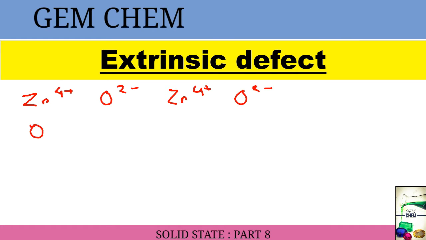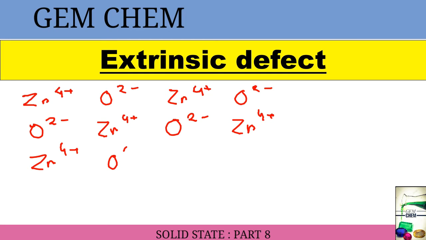If we consider this whole lattice again and again, then it will be easier for us to understand what is going on. So we are drawing the lattice: Zr4 plus, O2 minus, Zr4 plus, O2 minus. Now this is the lattice and this will continue.